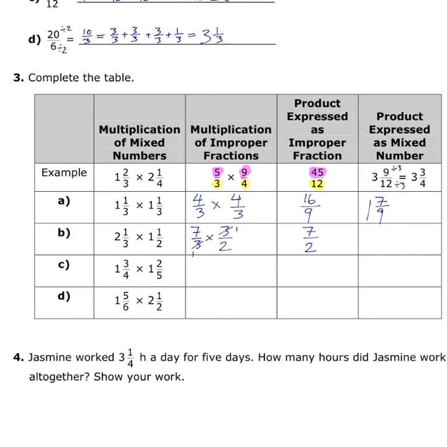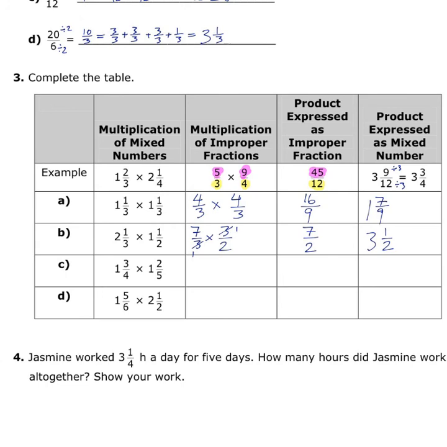Now I'm going to ask a question, how many times does 2 go into 7? That's 3 times with 1 left over. There you go, 3 1/2. If you've got the idea of how to do this, you might want to try C and D on your own. Okay, pause the video, give that a shot by yourself.